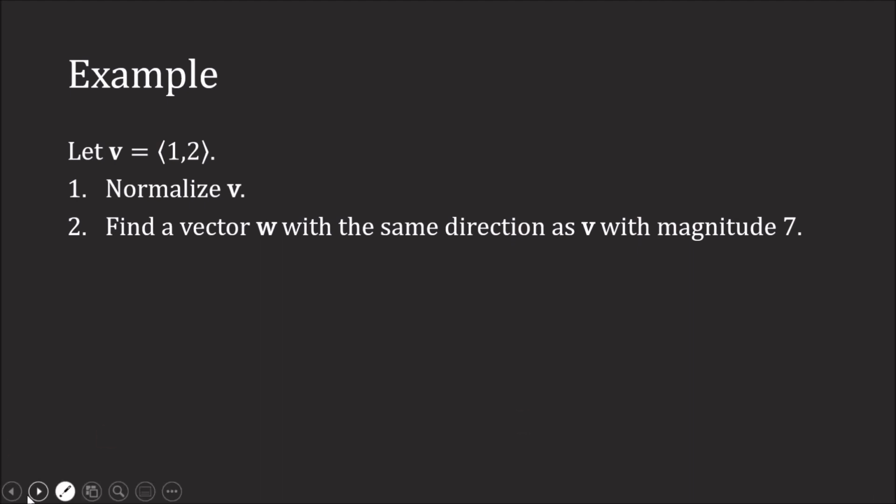Right, so let's first work on normalizing it. So the first thing we need is to find its norm. So this is just simply the square root of 1 squared plus 2 squared. So we get root 5.